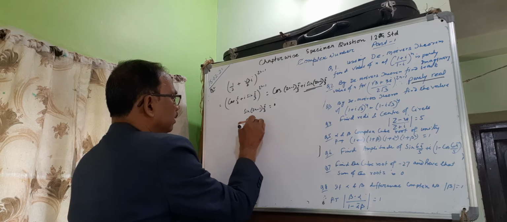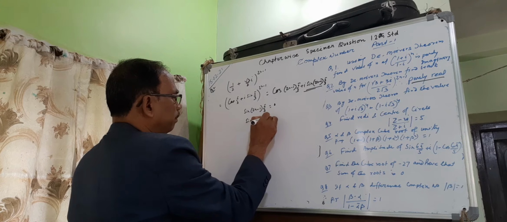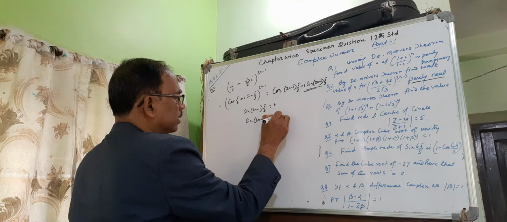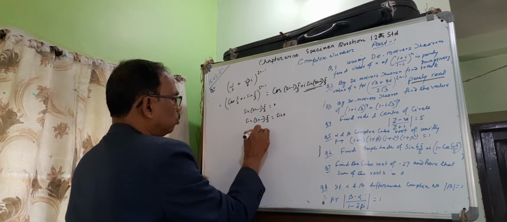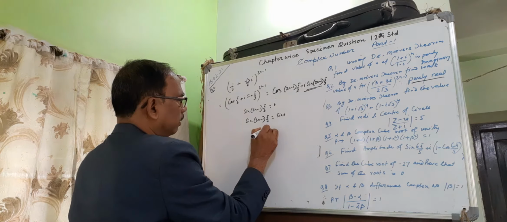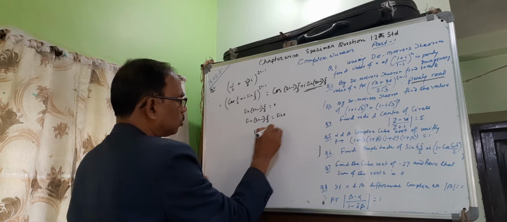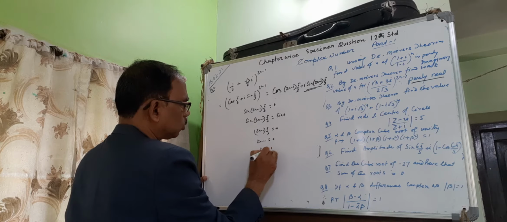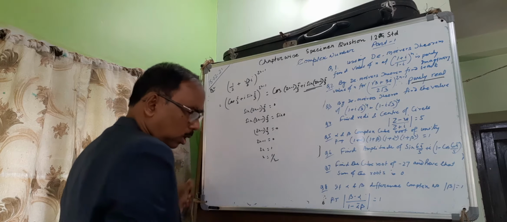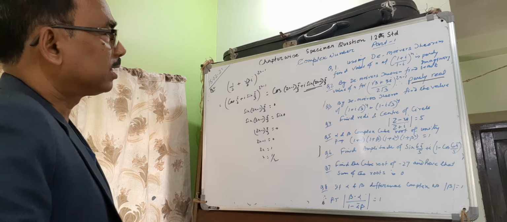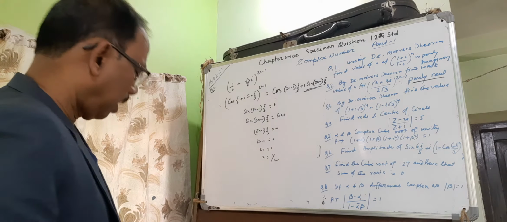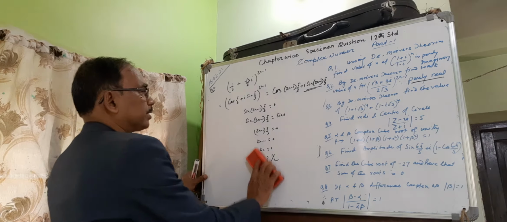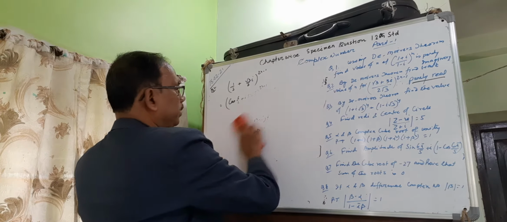Then sin (2n minus 1) pi by 3, 0 is sin 0. Then (2n minus 1) pi by 3 equals 0. Then 2n minus 1 equals 0, then 2n equals 1, then n equals half. So the least value of n is half. That is the answer. Next, question number 3.